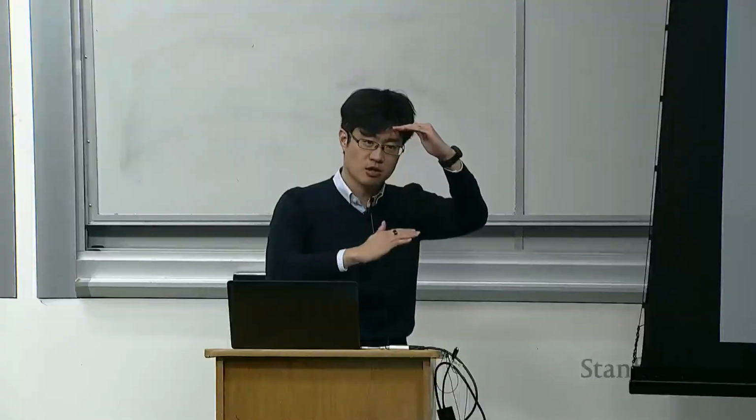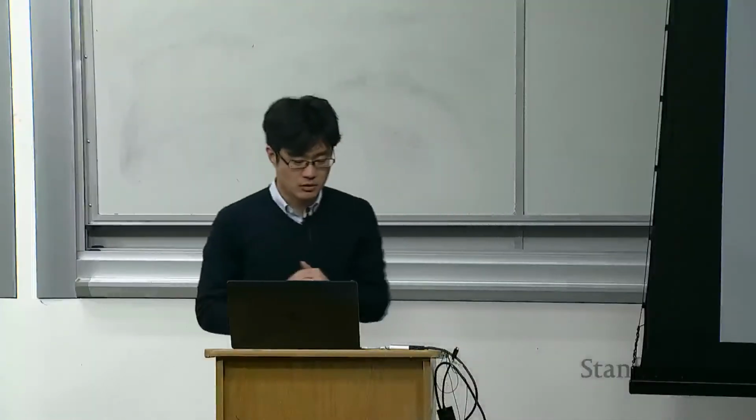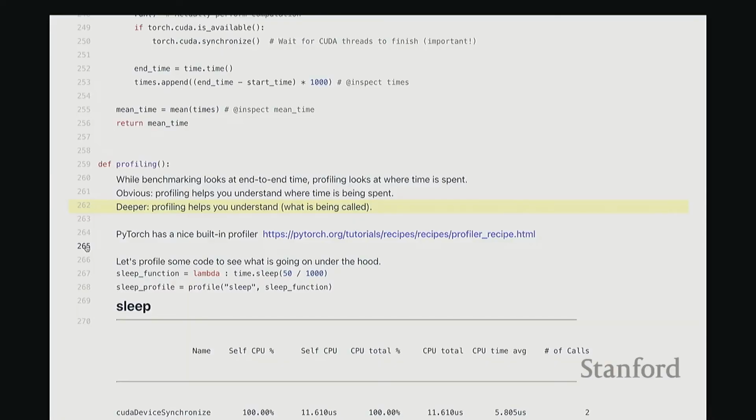But beneath PyTorch, there's this whole universe of CUDA stuff that's being called. And when you run a profiler, you can actually see all the way to the low-level calls what is actually being called. And so you can get a much nicer intuition for how the program is actually being executed on the hardware.